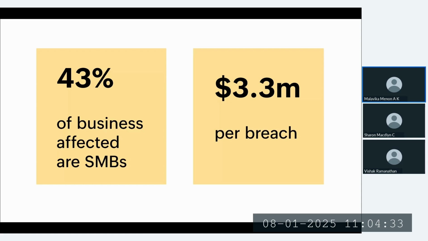SMBs can fall under any bucket. It can be an organization that has just 100 employees, 200 employees, or 300 employees. But the amount you see here, the $3.3 million breach per year, is a very big number for any SMB. So that's how the security threats are these days.